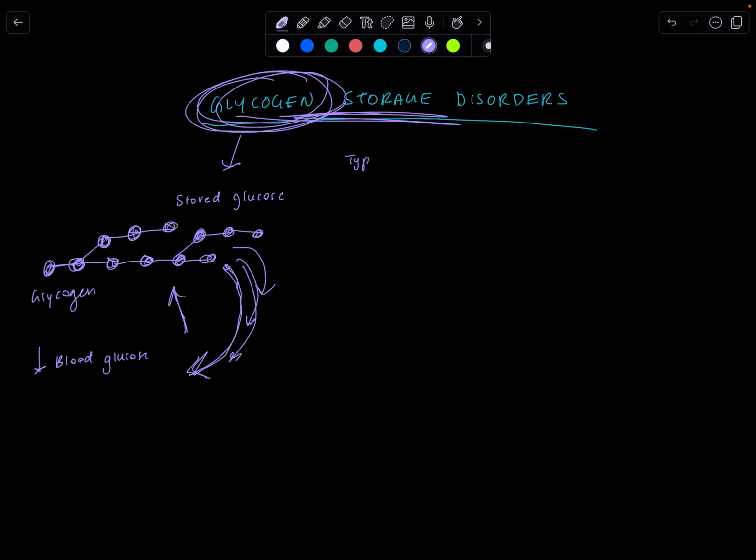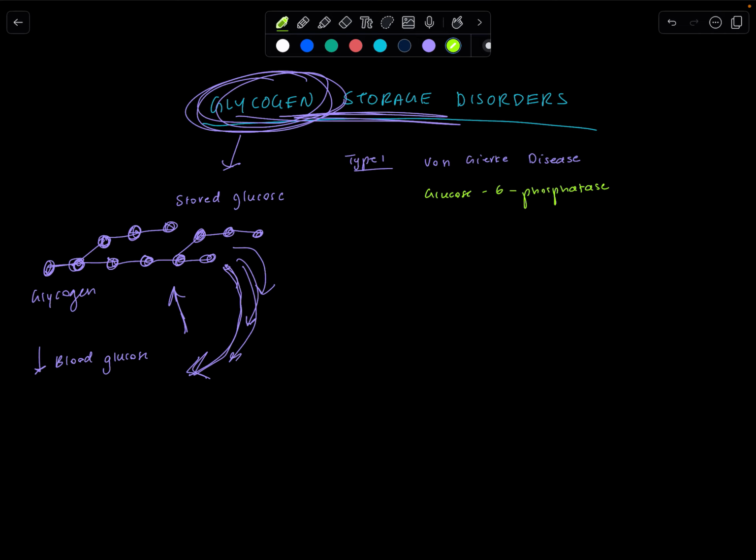Type 1 is called von Gierke disease. This one's a little hard to pronounce. Alright, type 1 glycogen storage disorder, von Gierke disease. In this disease, you are going to have a deficiency in the enzyme glucose 6-phosphatase.